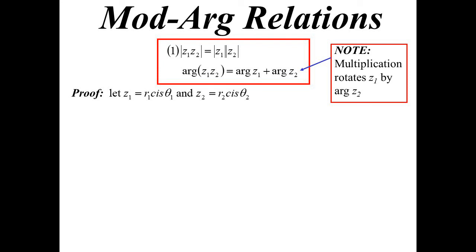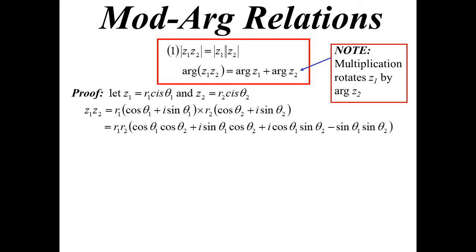So let Z1 be R1 cis theta 1, Z2 R2 cis theta 2. If I was to expand the whole thing out, Z1 Z2, well, R1 R2, there's your modulus straight away, nice and easy. A pattern. Look at the real part: cos cos minus sin sin.